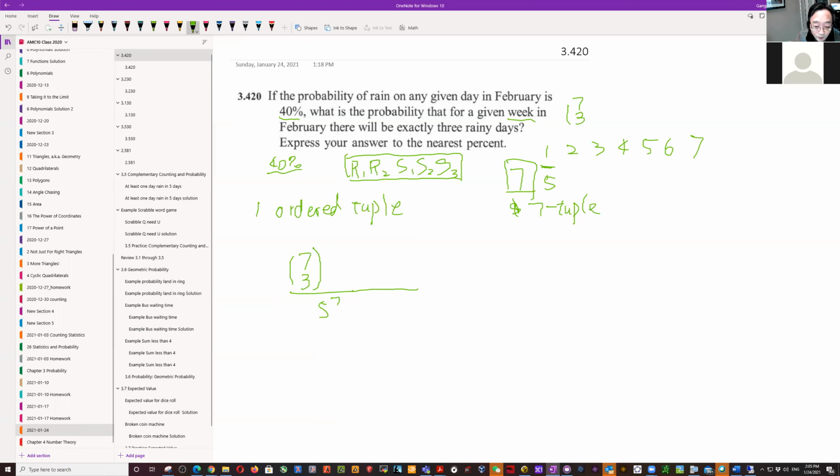So 7 choose 3 is where we're going to put the rains. And then we actually have to, 5 choose 2.